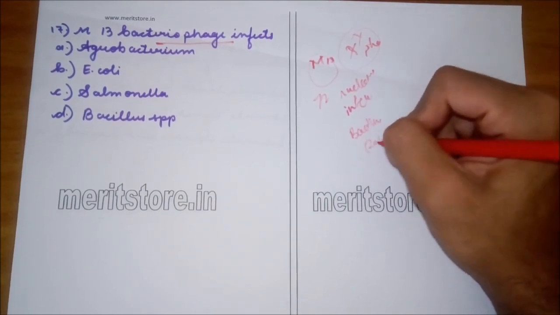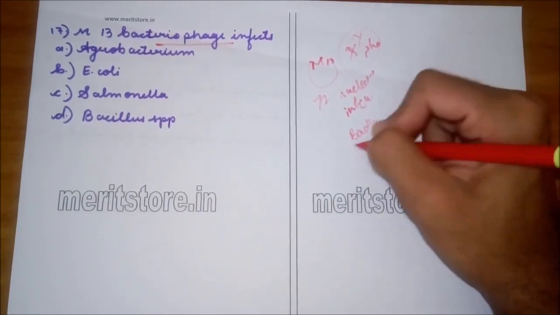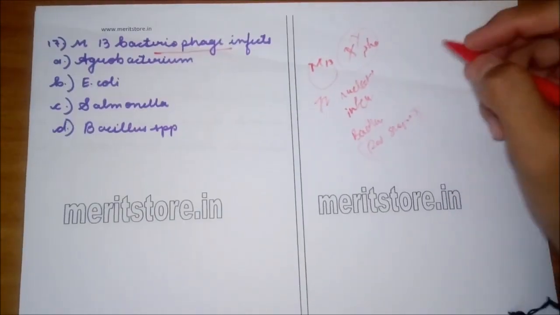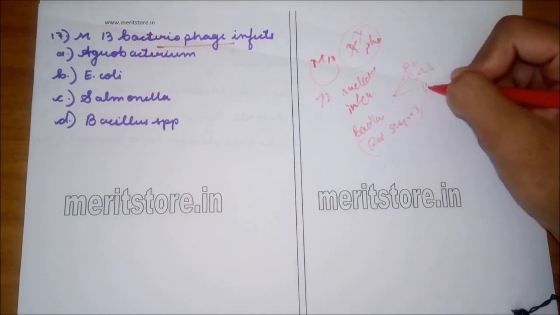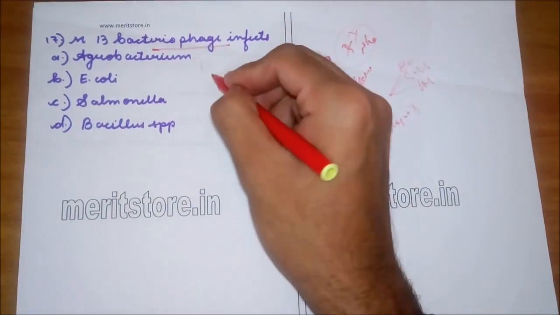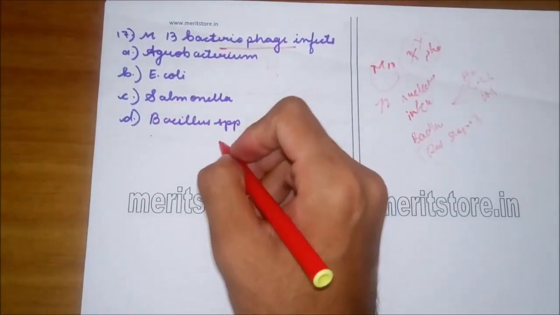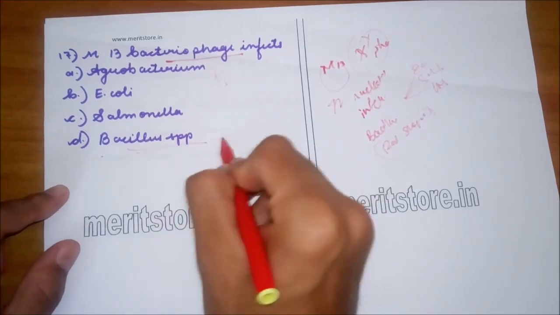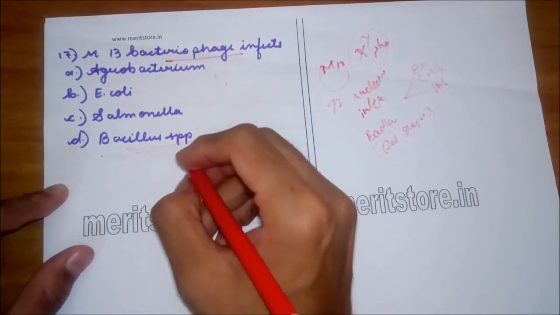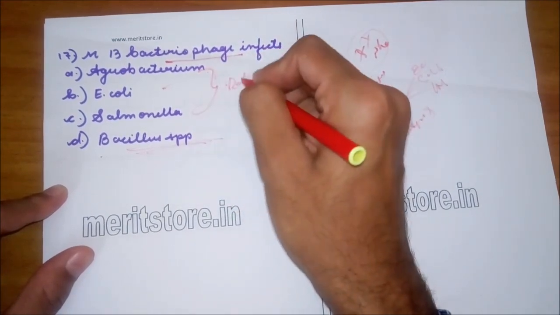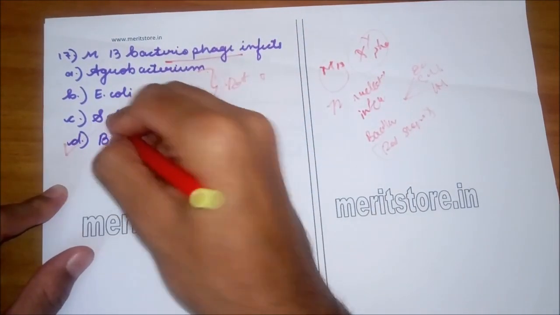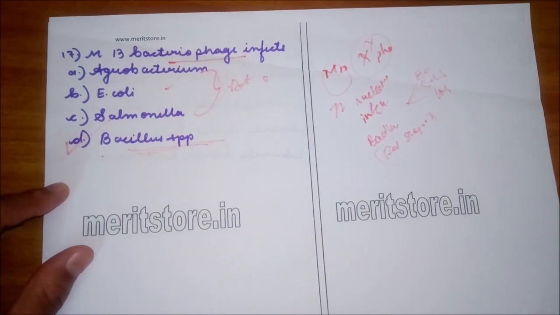Bacillus means rod shaped, which can be E. coli, salmonella and all, as well as agrobacterium species. So all these options are included in the bacillus species. All three are rod shaped bacteria. So option D is the correct answer, which states that bacillus species.